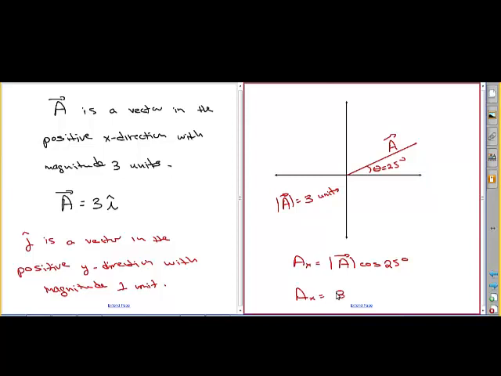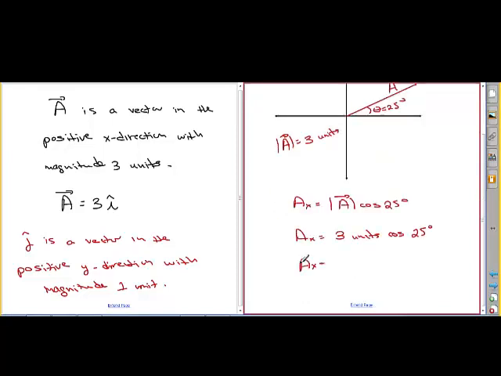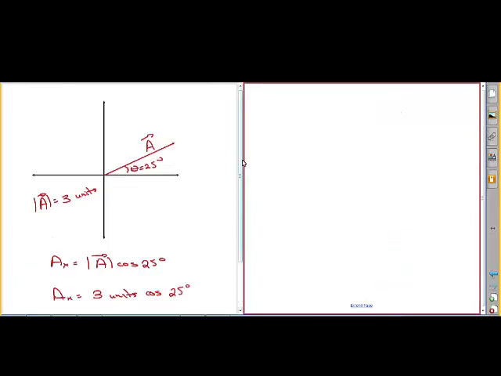So A sub x is equal to 3 units times the cosine of 25 degrees, which is 2.72. We can do the same thing for the y direction. It'll be the magnitude of A times the sine of 25 degrees. 3 times the sine of 25 degrees gives 1.27. So that's how you do it from a component standpoint.